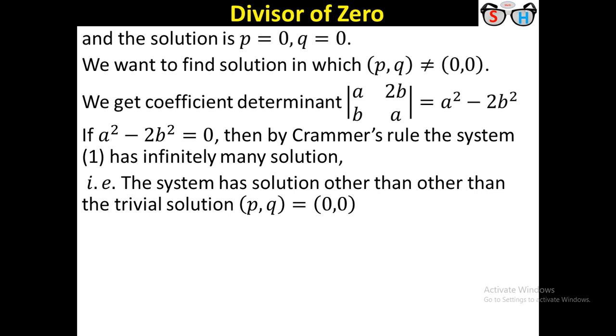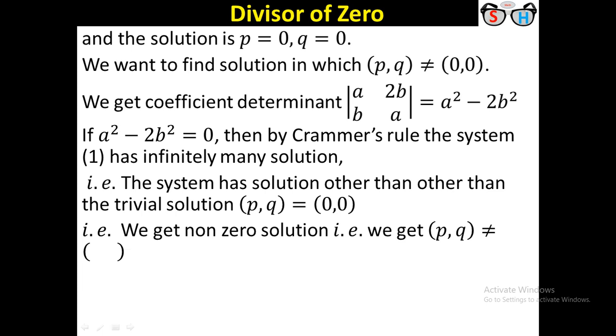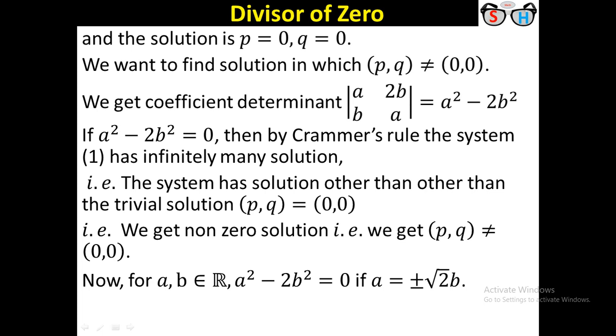So we can conclude that the system has a solution other than the trivial solution p, q equal to 0, 0. Other than means we can find a solution for which p and q are not simultaneously 0, that is, we get a non-zero solution. This happens only if a squared minus 2b squared equals 0. Now for a, b in R, a squared minus 2b squared equals 0 holds if a equals plus or minus root 2 times b.